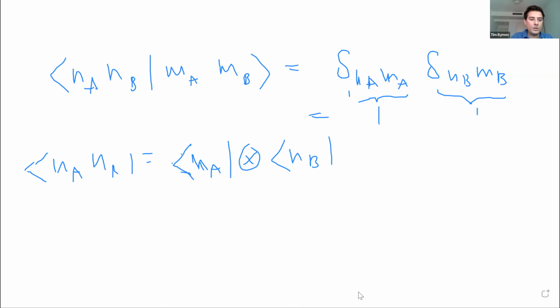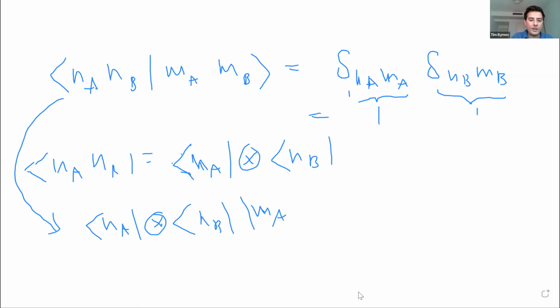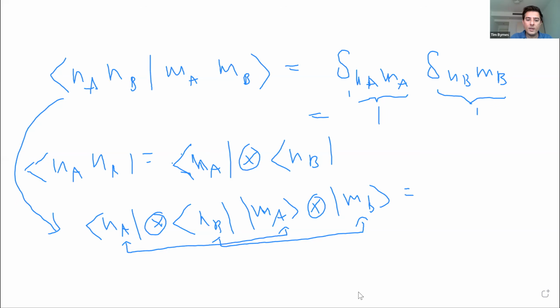So when you do this, you have NA outer product and B times MA tensor product MB, and this one takes the inner product with that one, and this one takes the inner product with that one.